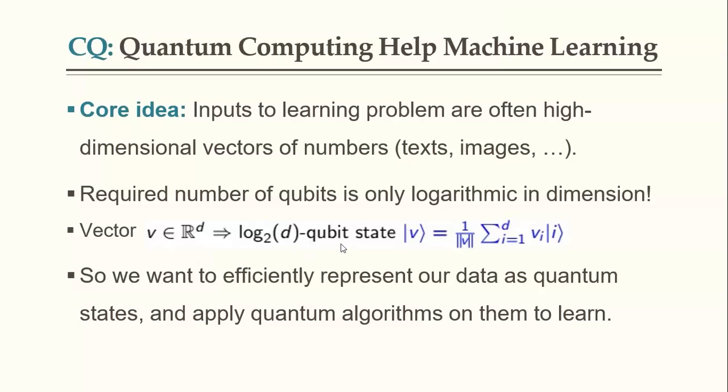The normalized quantum state, this blue part, is |v> equals 1 over the norm of v times the summation from i equals 1 to d of v_i |i>. Here the norm of v is used for normalization.